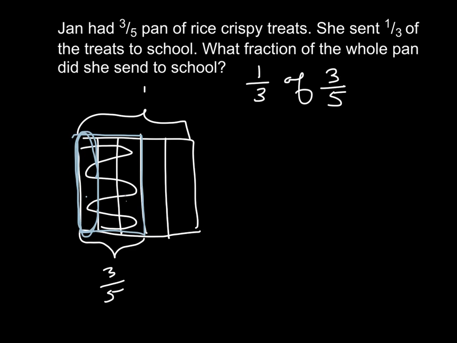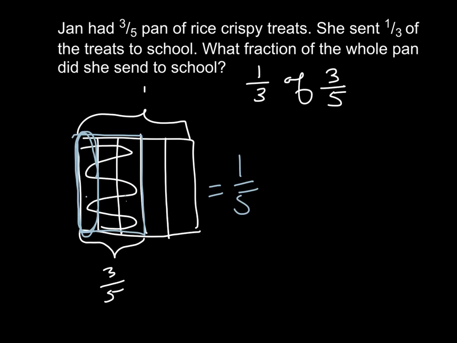In other words, 1/5. Now 1/5 is the same answer I got last time. And so actually what I did here was I kind of simplified before getting my answer instead of waiting until after I got my answer.